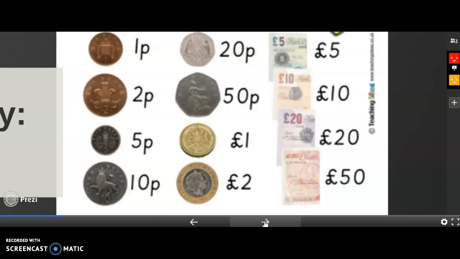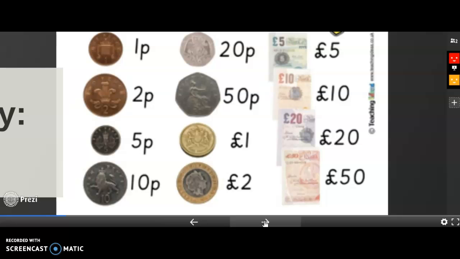Good. Okay. So 3. 5p coin. Okay. 4. 10p coin. So let's say it's a 10p coin. 5. It's a 20p coin. Good. 6. It's a 50p coin.